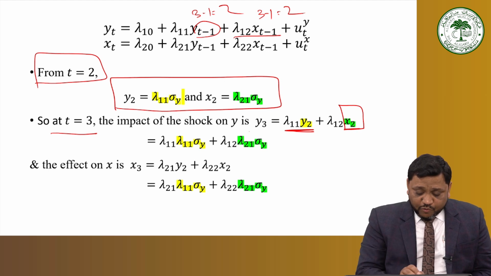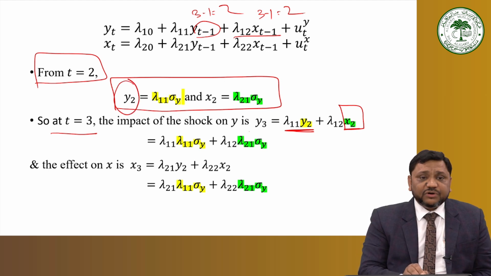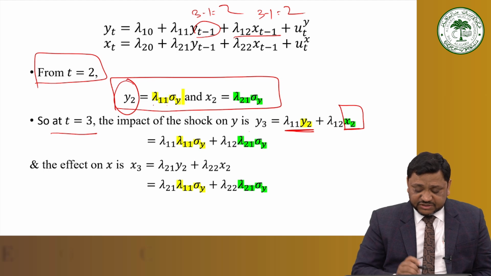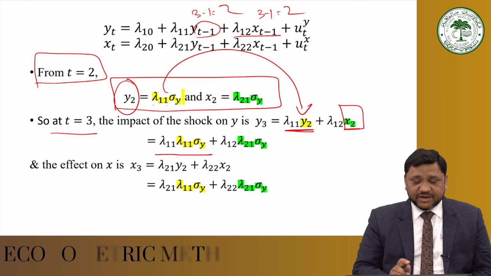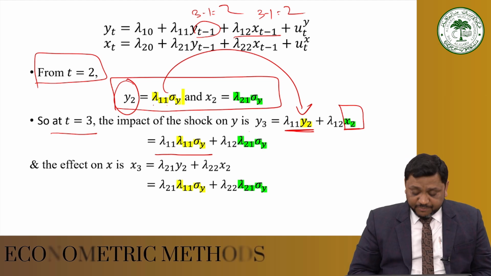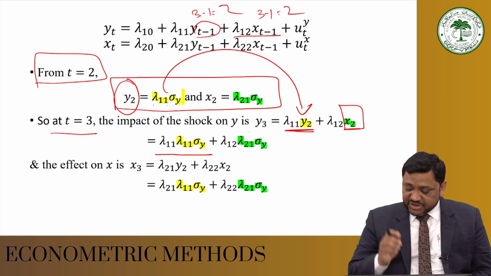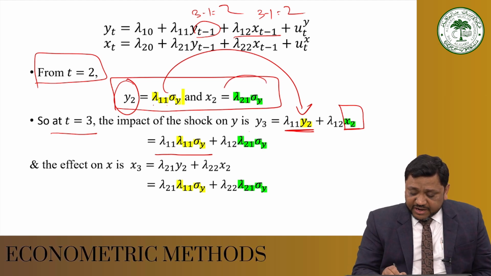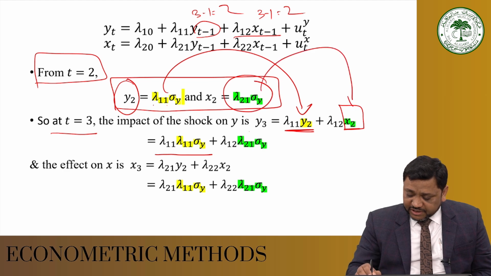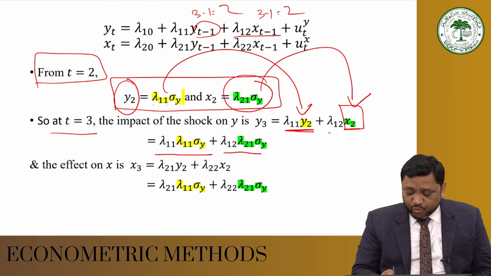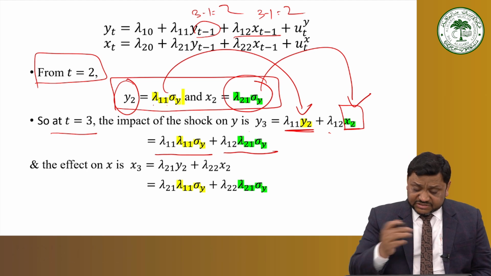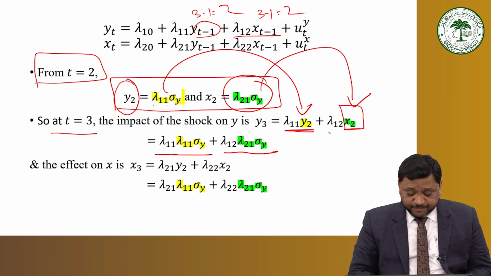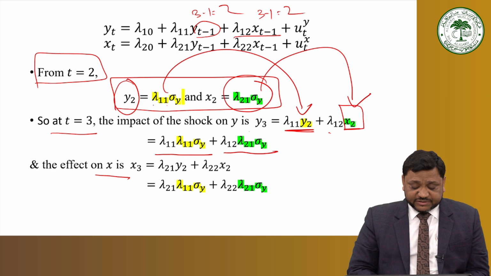Now, y2 we have just now defined as lambda 11 sigma y. So we incorporate this variable over here, we can write it as lambda 11 sigma y. Similarly, we incorporate the value of x2 over here, so it becomes lambda 12 lambda 21 sigma y. Similarly, we repeat the same process for x.